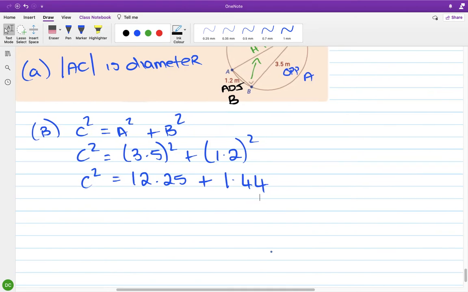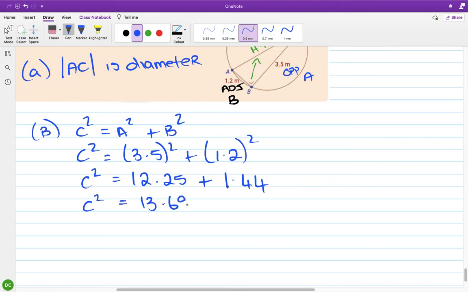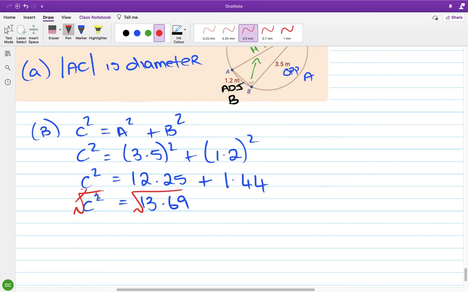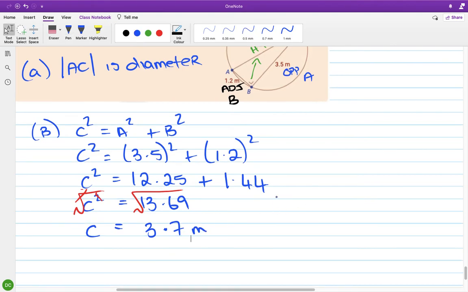Add those two together and we get 13.69. Then to get rid of the squared, we do a square root. So C is the square root of that, which is 3.7. The units in the question is meters, so it's 3.7 meters.